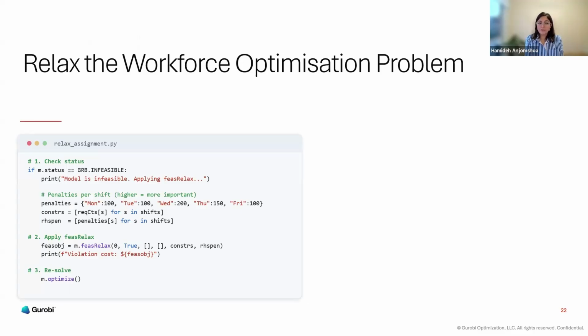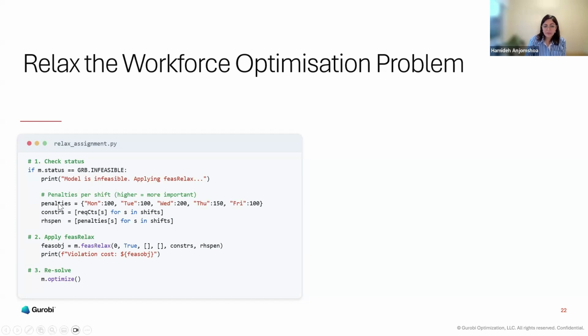Let's go back to the original problem that I mentioned, workforce optimization. We had three people, Hamida, Josh, and Steve, and we assigned two people. This is a simple example. You look at it, and this is a nice API. It says, check, the status is infeasible.